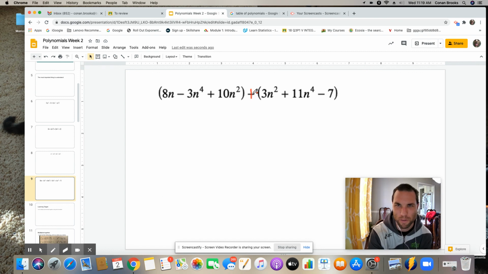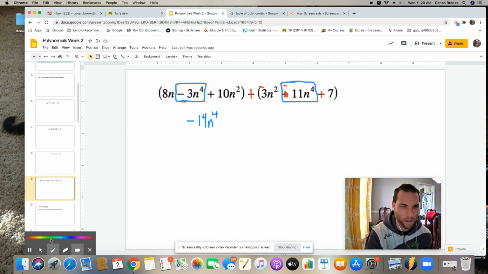So what I'm going to do is I'm going to flip the sign, and I'm going to make this negative, and I'm going to make this negative, I'm going to make this positive, okay? And now I'm ready to box and bag. So I've got negative 3n to the fourth, and negative 11n to the fourth, and that's negative 14n to the fourth.